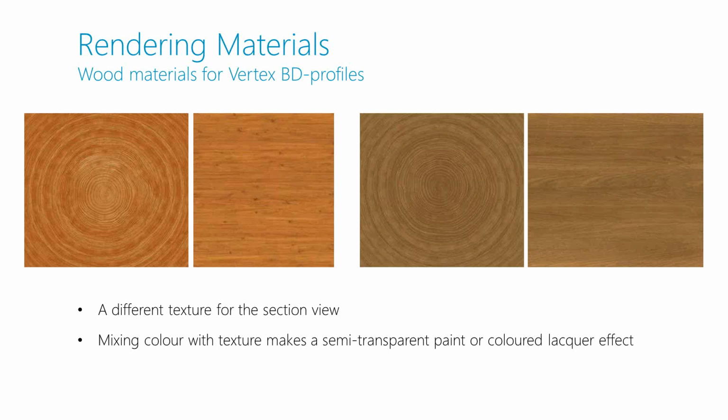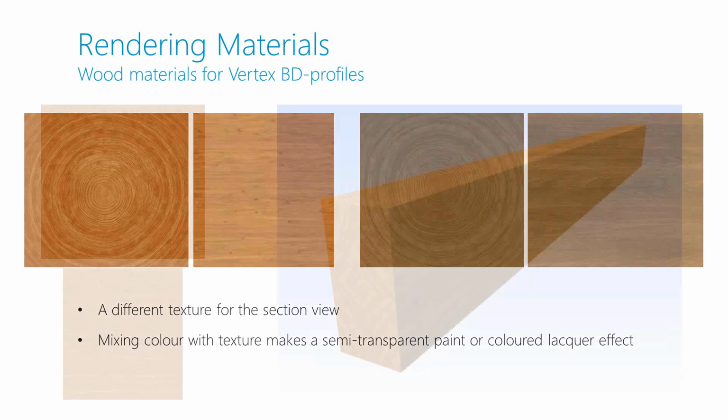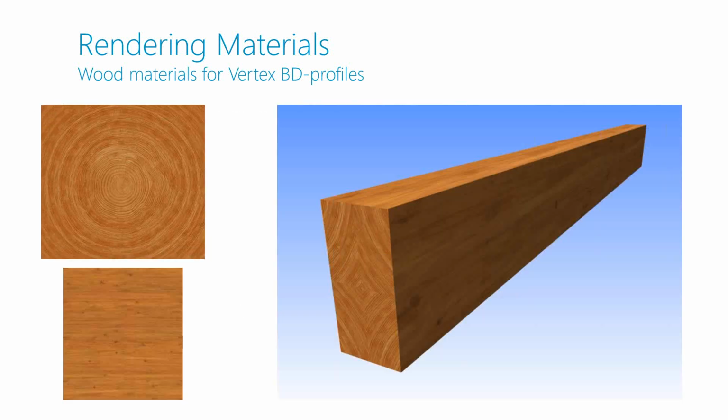But there's one small problem with this color shader. The origin of the section view texture seems to be in the middle of this section surface and not in the bottom left hand corner, like in real life.